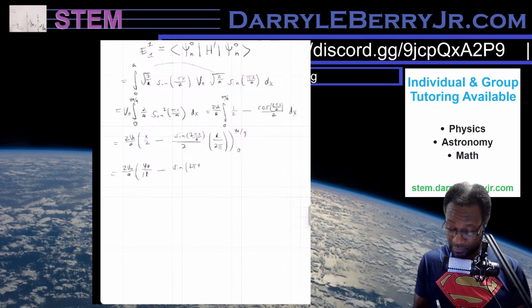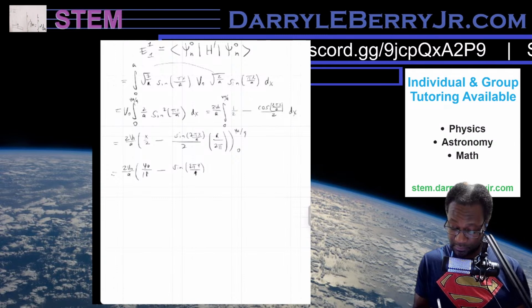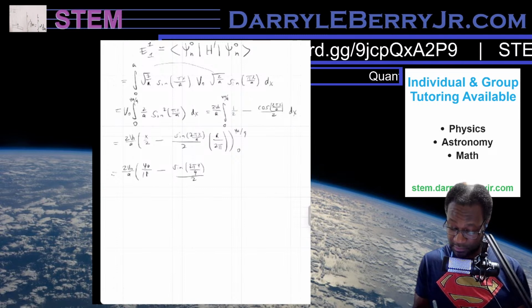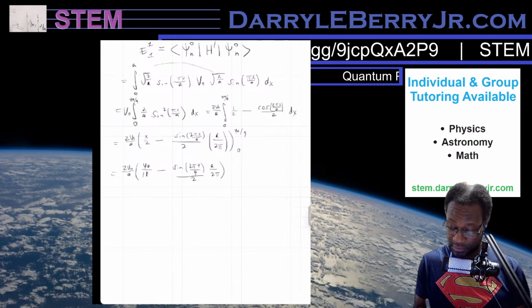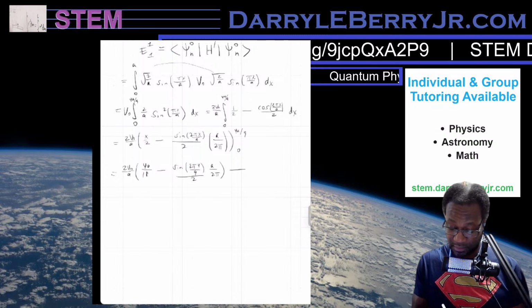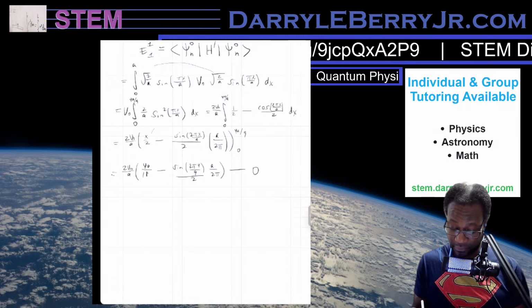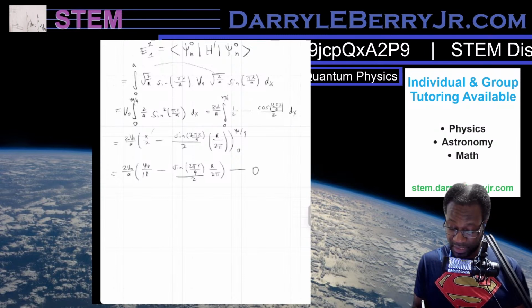So that'll be a 4 over 9, times 2. Then a over 2 pi, minus, then we've got to put a 0 in for x, and sine of 0 is 0, so that's just going to be 0.